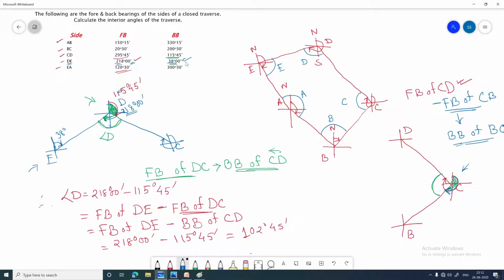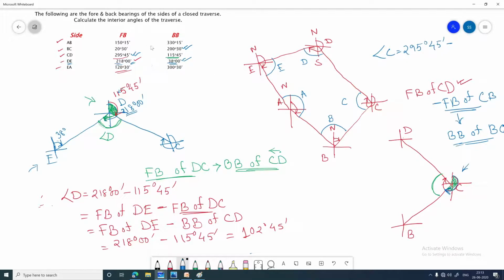What is the back bearing of BC? That is 200 degrees 30 minutes. So the angle C will be forward bearing of CD. Forward bearing of CD is 295 degrees 45 minutes minus this back bearing of BC.